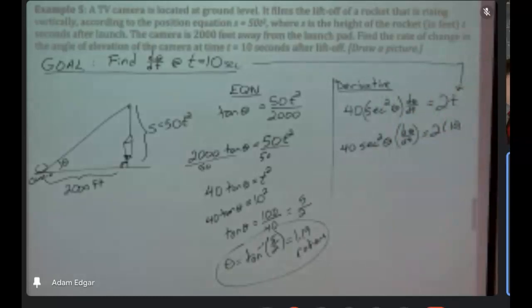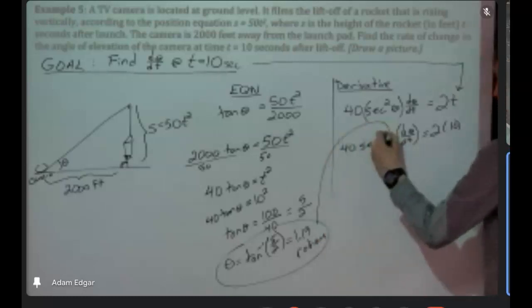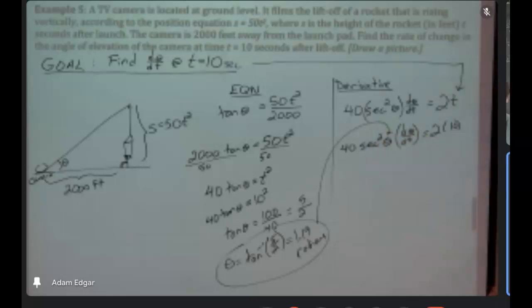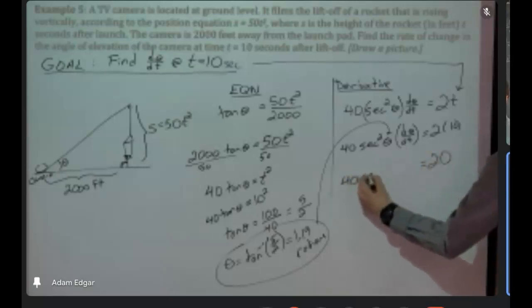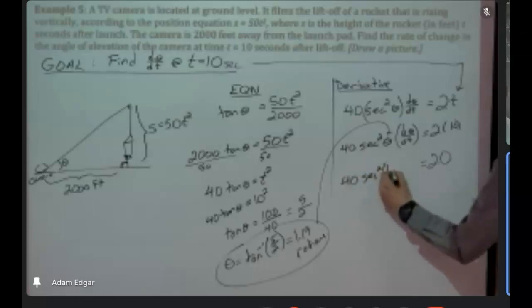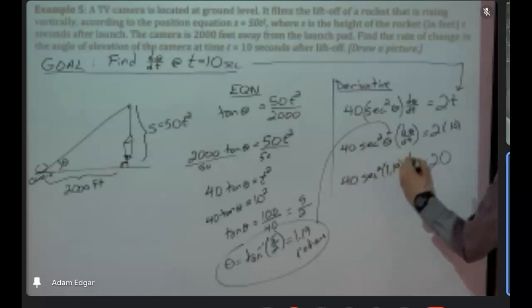So now we have something to take back into the derivative equation, and we can now solve for d theta dt and see how that angle is changing. So over here, you might say that's 20, 40, and then secant squared of 1.19 times d theta dt.